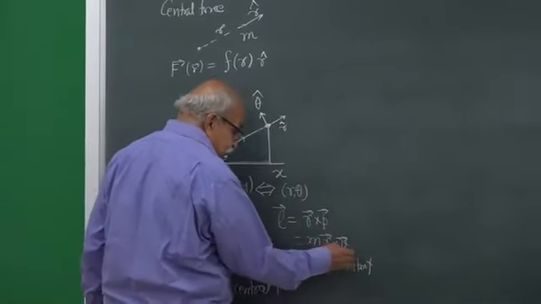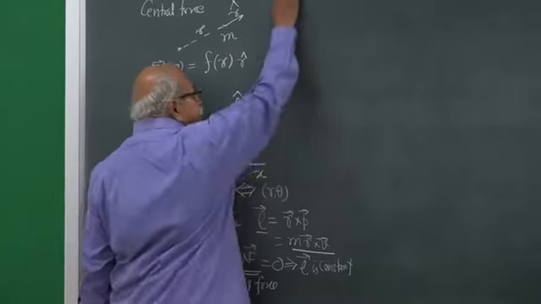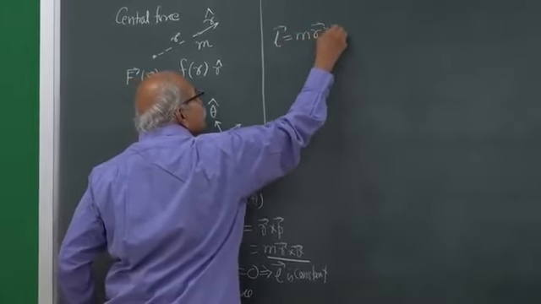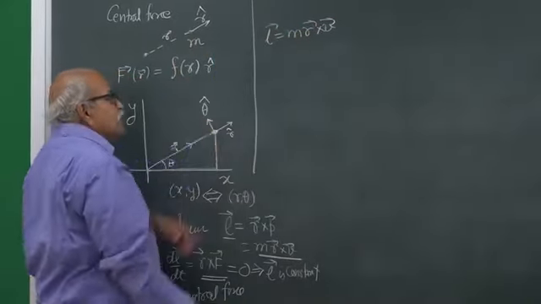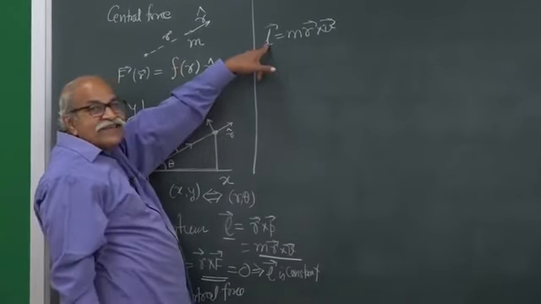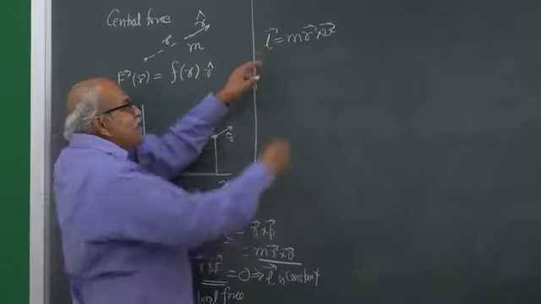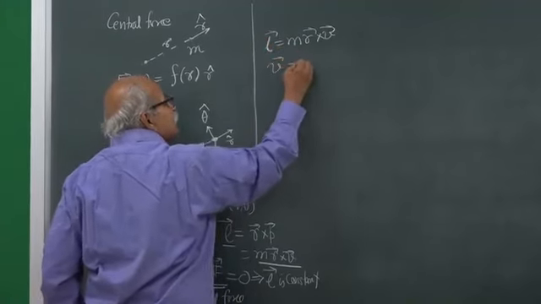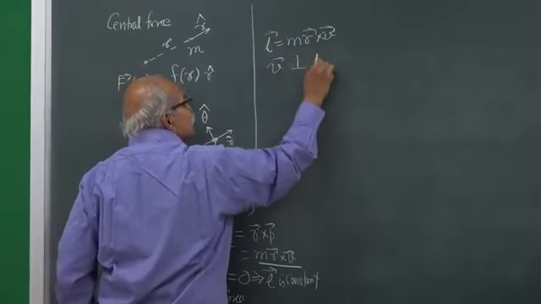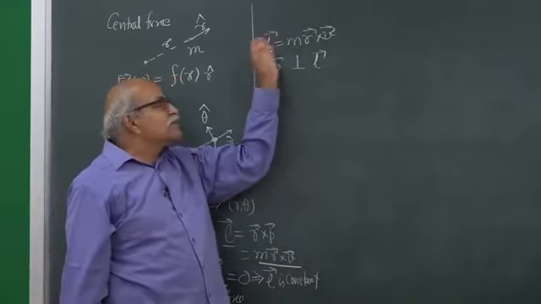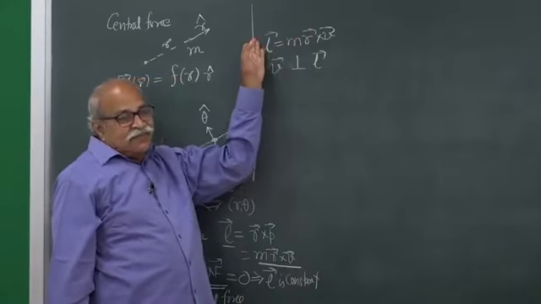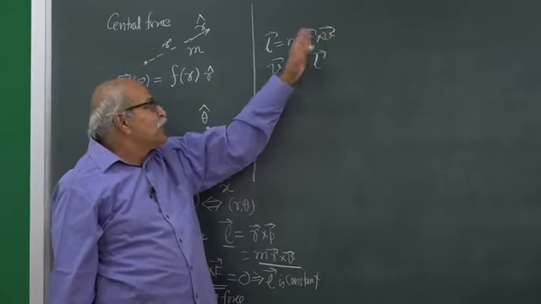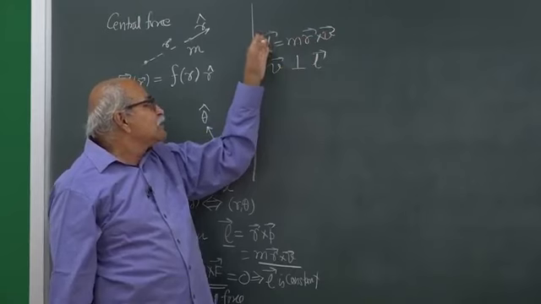L vector is equal to mass times r cross v, and this is constant in magnitude as well as in direction, and this is a constant vector, remember. That is how the cross product is defined. The cross product of two vectors is perpendicular to each of these two vectors. So, L is perpendicular to r, L is perpendicular to v.